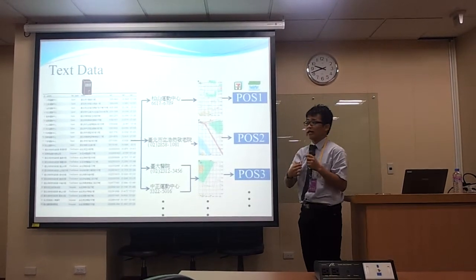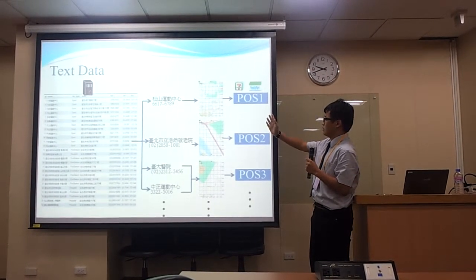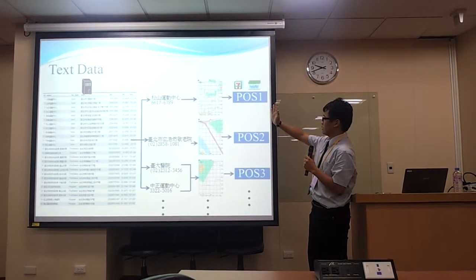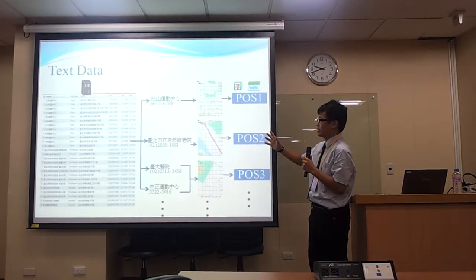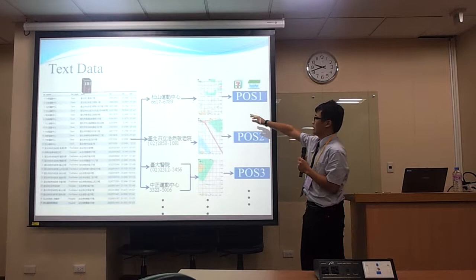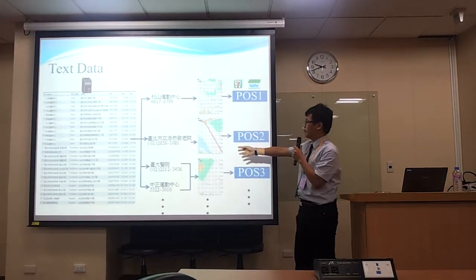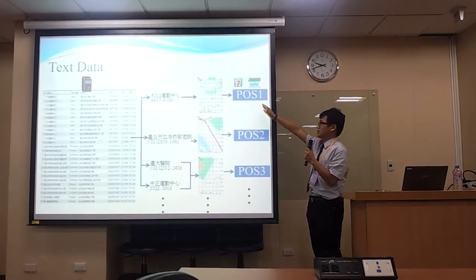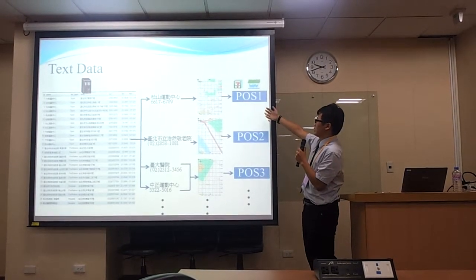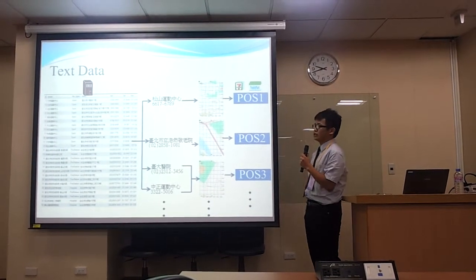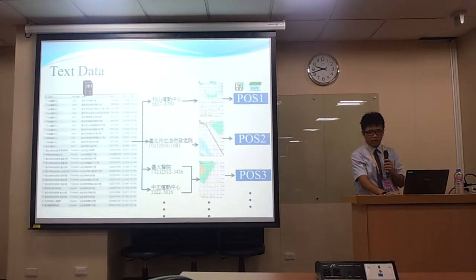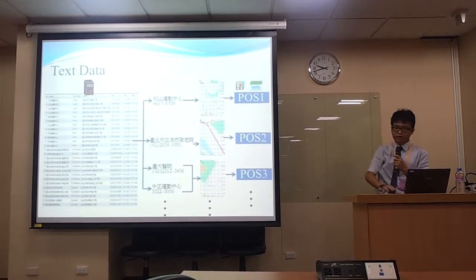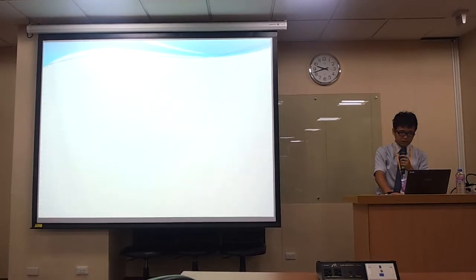Then, like image data, it is distributed according to its coordinates, placed on the corresponding map, and stored in the corresponding POS according to the POS coordinates.